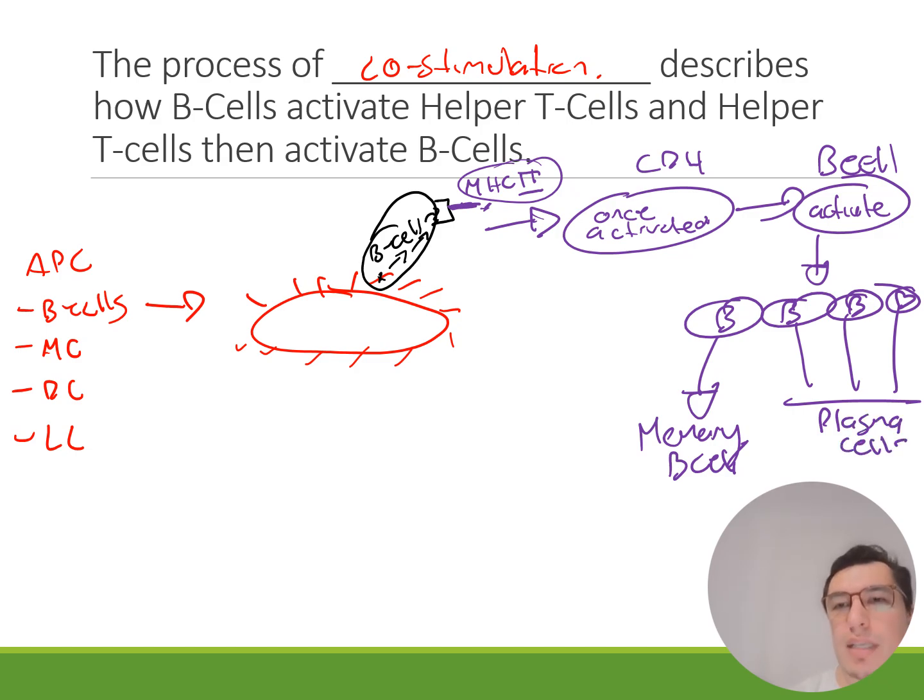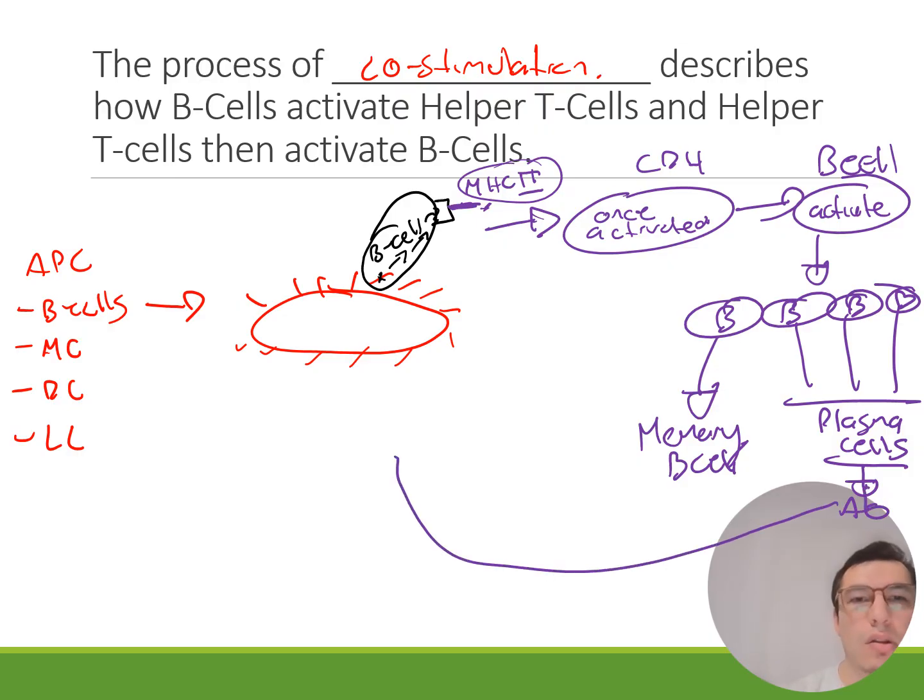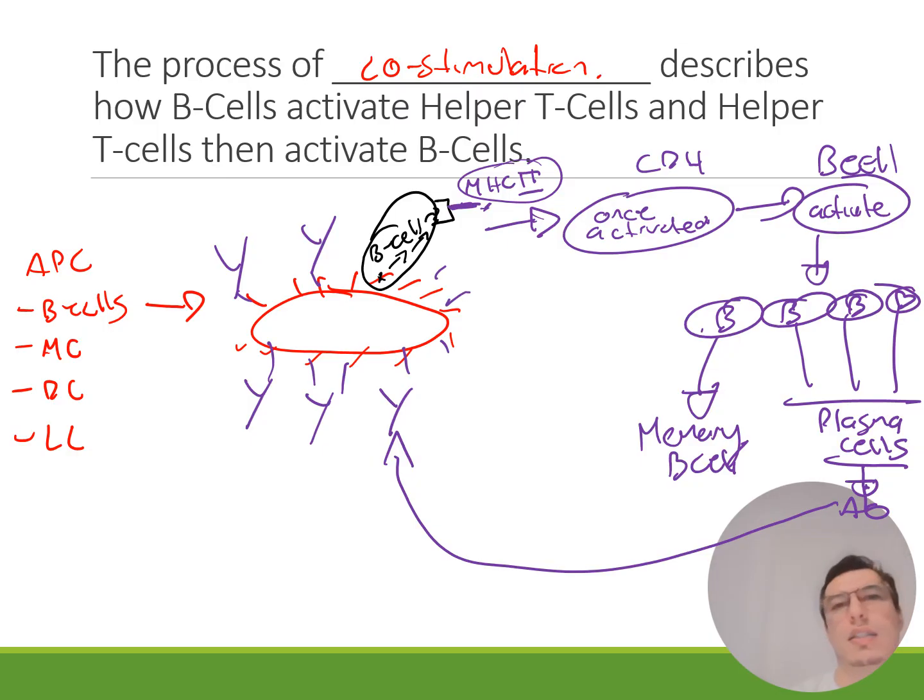And these plasma cells are the ones that are going to go on to produce antibodies in circulation that will target this specific pathogen. So these antibodies that will be in circulation next time will bind and fixate to this pathogen.